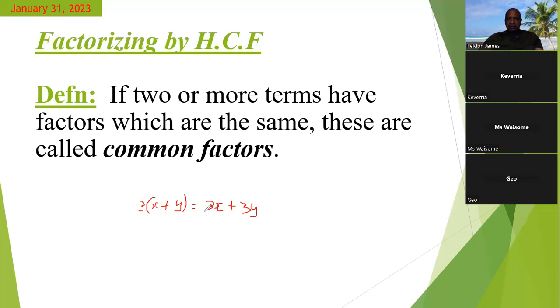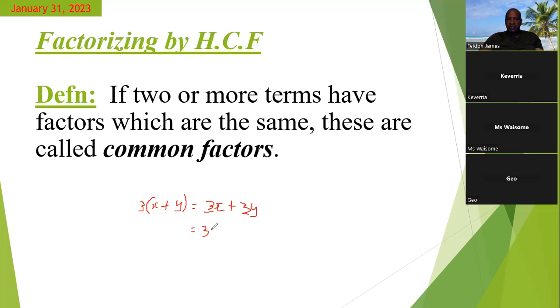So here we have 3 common to both terms. So it means that we call that a common factor. When we're factorizing, we generally first identify the common factor. Once you identify the common factor, we pull out that common factor. And so we try to identify all the common factors.